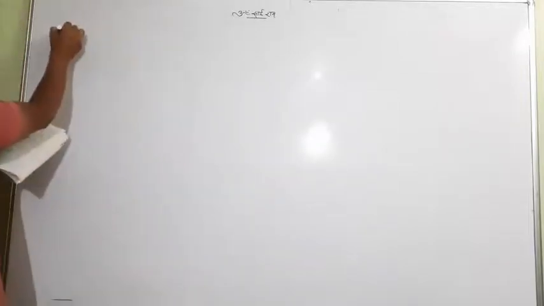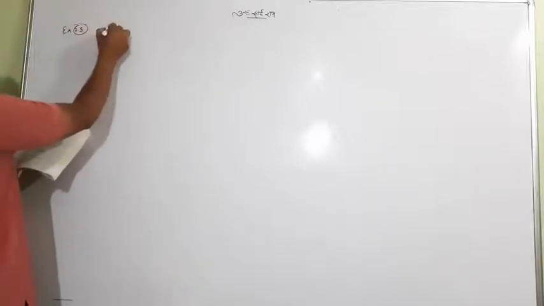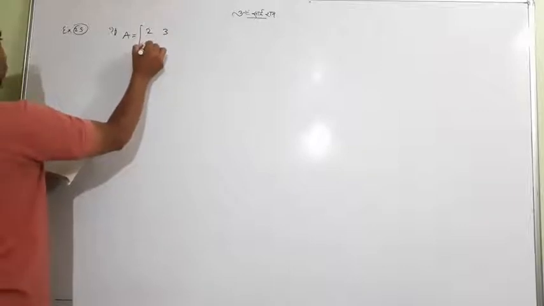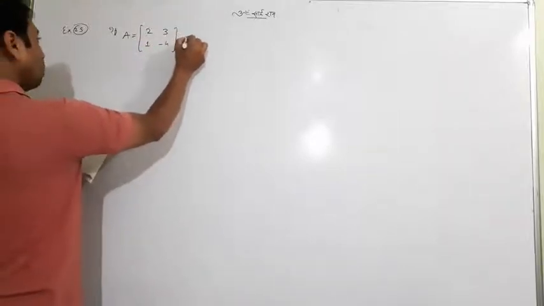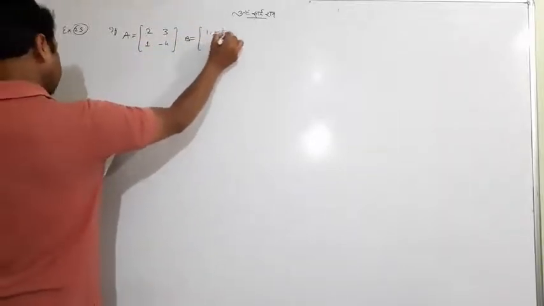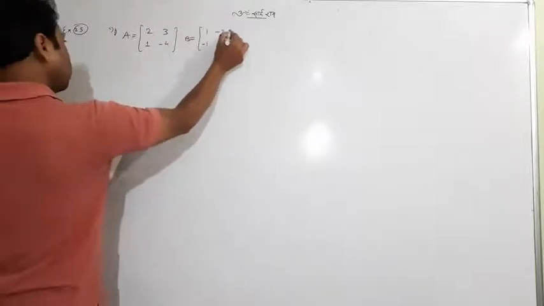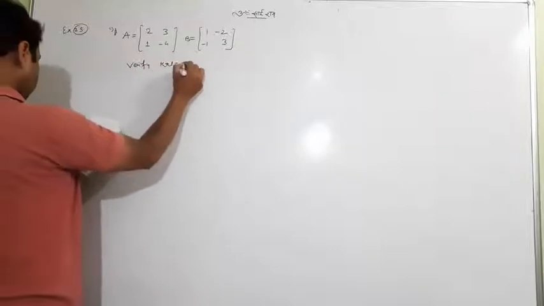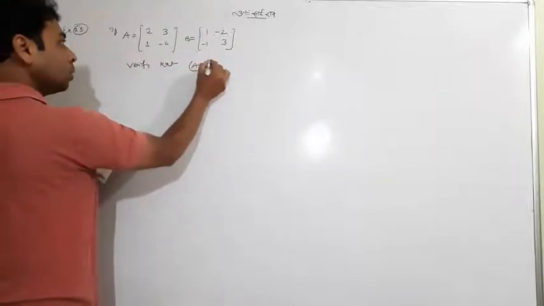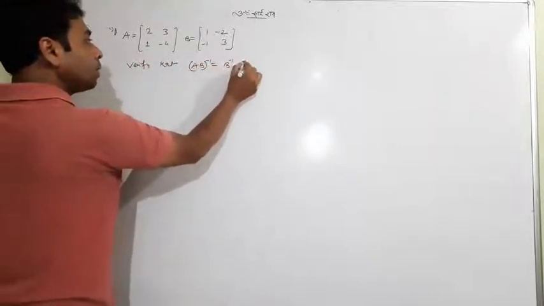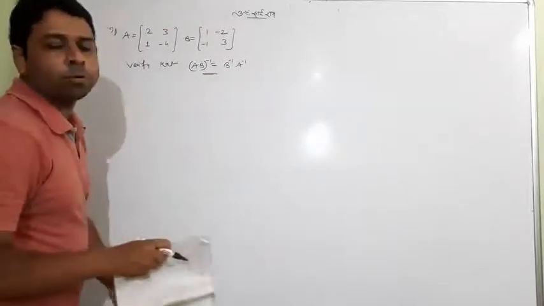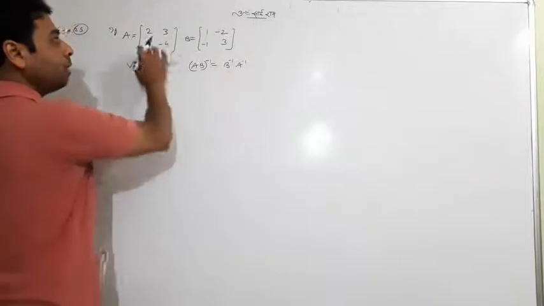Example number 25: if A is equal to [2, 3; 1, -4] and B is equal to [1, -2; -1, 3], verify that AB whole inverse is equal to B inverse A inverse. It is itself a property, but this time we have to verify it when A and B are given.